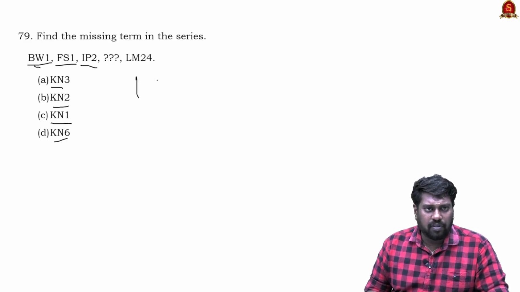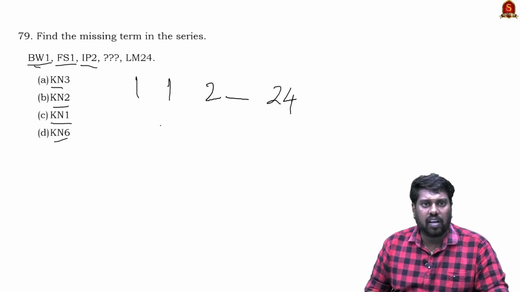It is enough for you to find the logic between the numbers and you can get the answer. The letter series you need not consider at all. Here you see the difference between the first number and second number, the difference between second number and third number, and the difference between the first number and the last number is really high. So we have some patterns.